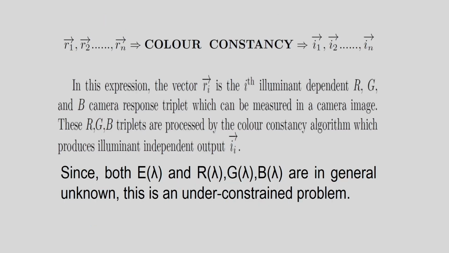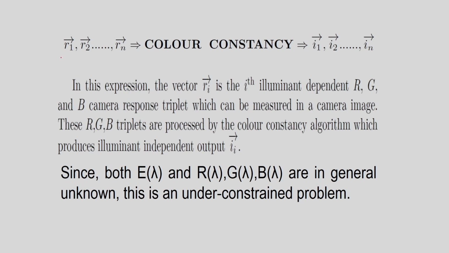So, what is the concept of color constancy? Here you can see I have R1, R2, R3, which are vectors. Vector Ri is the ith illuminant dependent RGB camera response triplet, which can be measured in a camera image.